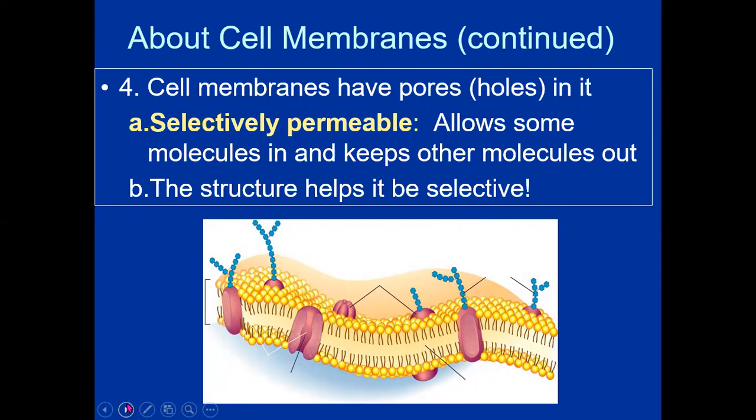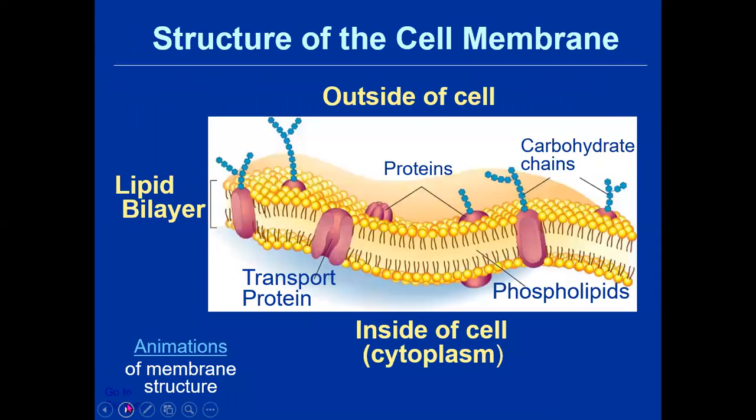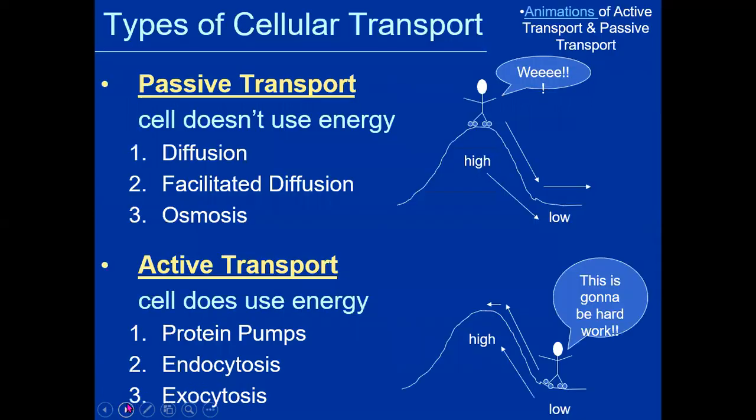Things like carbon dioxide, water, oxygen, and ammonia easily diffuse in and out of the cell. But for other molecules, it's very difficult for them to diffuse. So it is very selectively permeable.